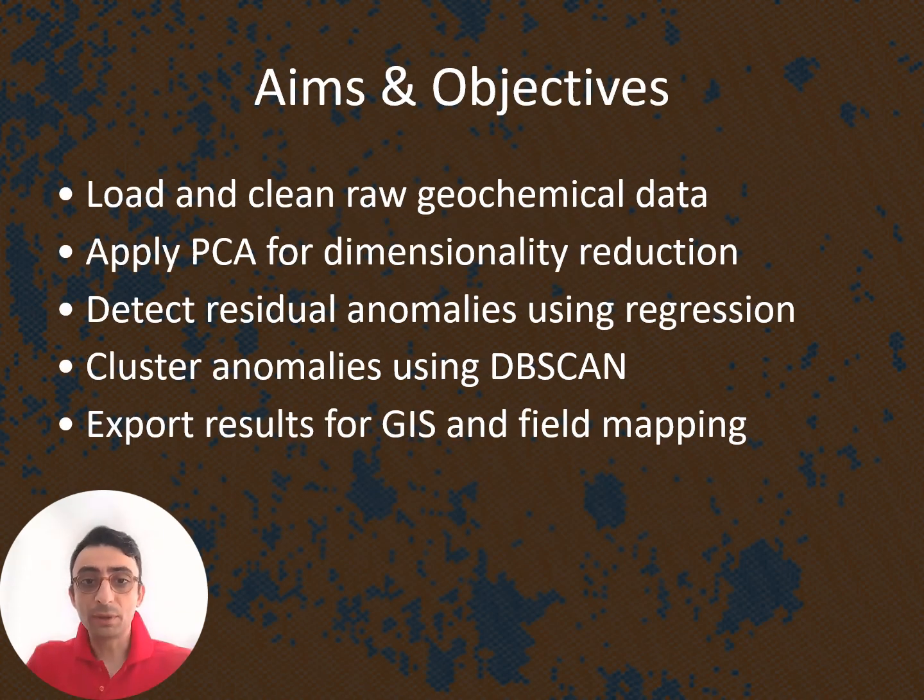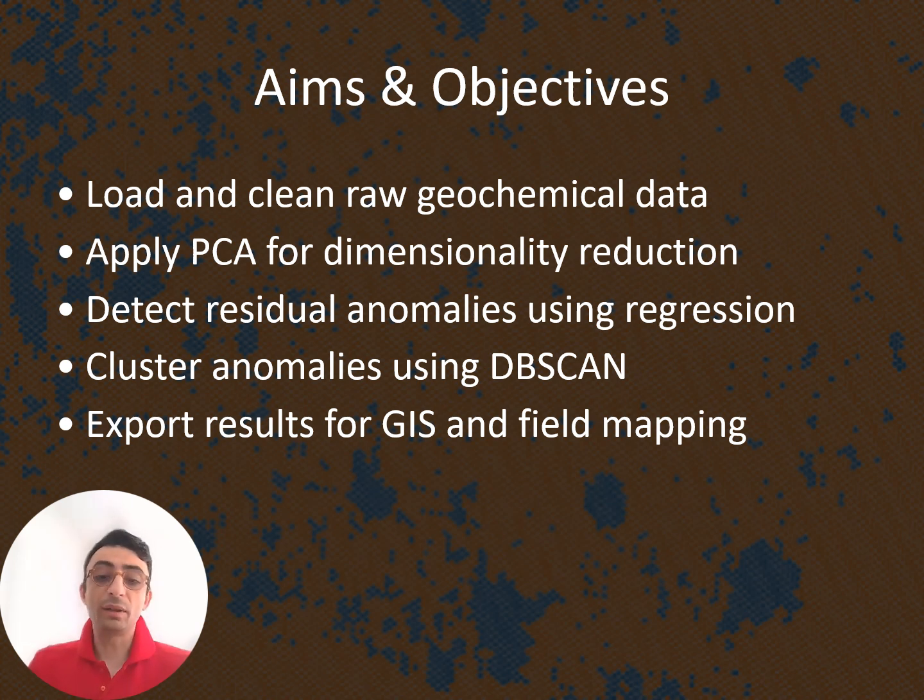So we have a geochemical dataset and we want to get ready for early exploration. Here's what we need to do. We'll start with a sanity check. We clean and prepare our raw geochemical data. Next, we transform the data using the centered log ratio, the CLR transformation, and get ready to apply principal component analysis, PCA, to reduce dimensions.